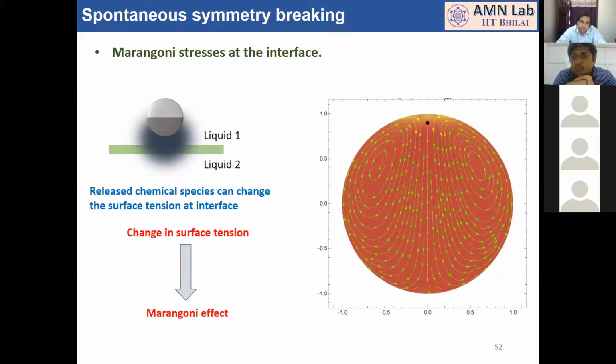So we can say that the combined effect of the hydrodynamic interactions between the nanomotors and the Marangoni stress produced by individual nanomotors gives the observed collective flows and the spontaneous symmetry breaking.